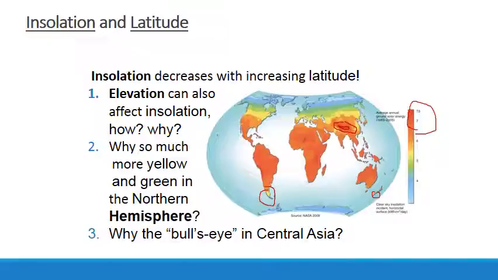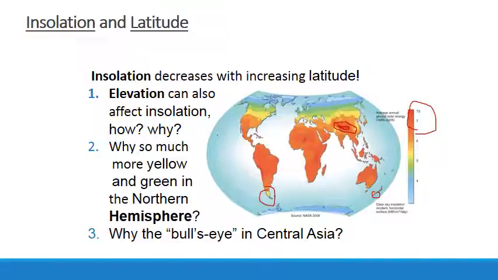So without any real substantive molecules to get in the way of the incoming solar radiation, we get a larger amount of energy from the sun. So that bullseye represents the Himalayas, the world's tallest mountain range. And they do, in elevation, come close to the top of the troposphere.